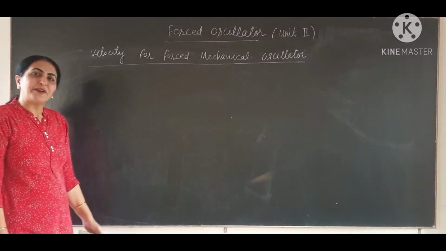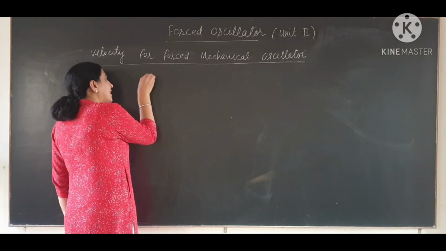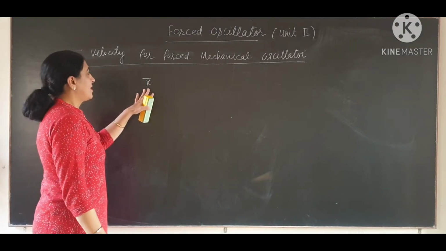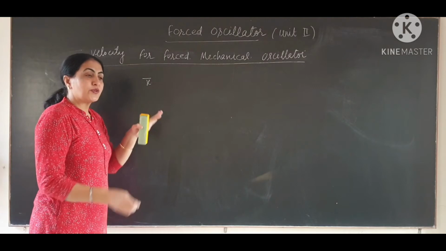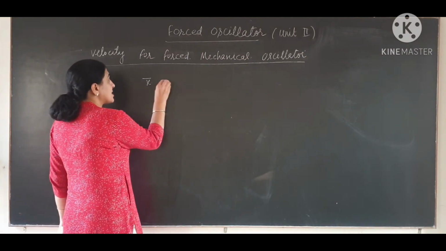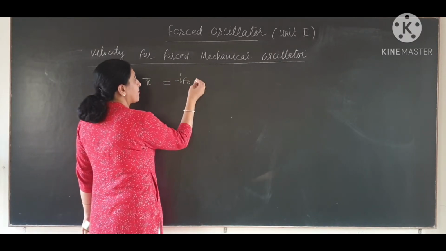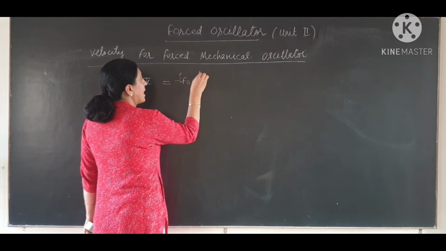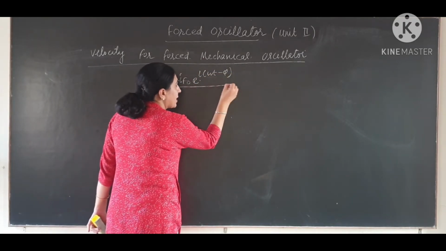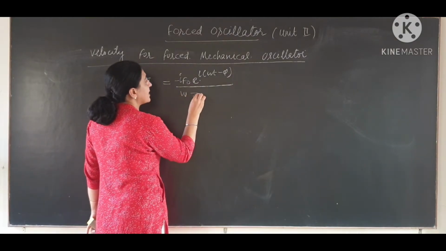Velocity. So we have done displacement. What is the value? I have already told you in the previous lectures that you must remember this value, because it is used in the next articles. x is equal to −i F0 e^(i(ωt − φ)) / (ω Zm).